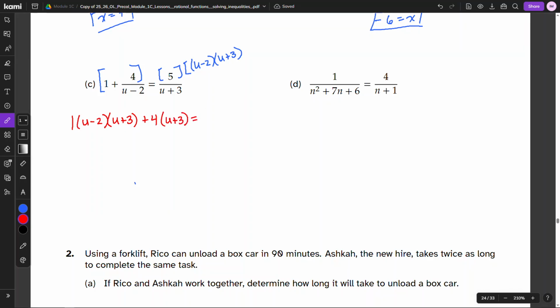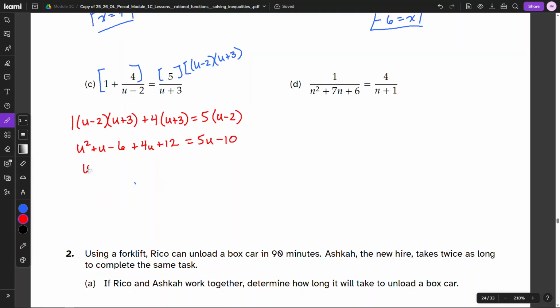And on the right side of the equation, if I were to multiply by that common denominator, I would be left with 5 times u minus 2. All right. Multiplying, what do we have? u squared plus u minus 6 plus 4u plus 12 is equal to 5u minus 10.